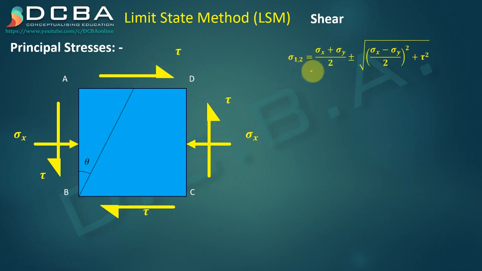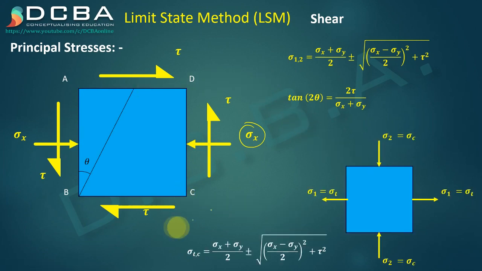It is given as sigma 1,2, the major principal and the minor principal stress, which is equal to (sigma x plus sigma y)/2 plus minus root of ((sigma x minus sigma y)/2) the whole square plus tau square. So sigma x here is this, sigma y, that is in the y direction, is absent, and tan 2 theta is equal to 2 tau upon (sigma x minus sigma y). This will give you the principal angle, that is the angle at which the principal stresses would appear.